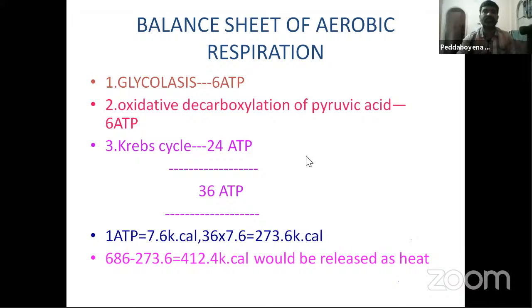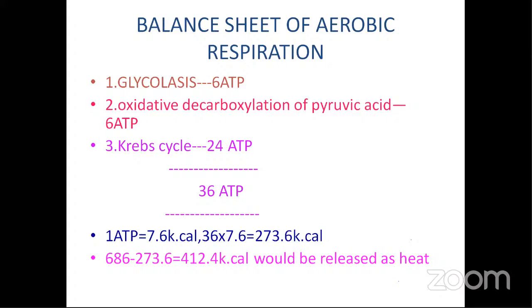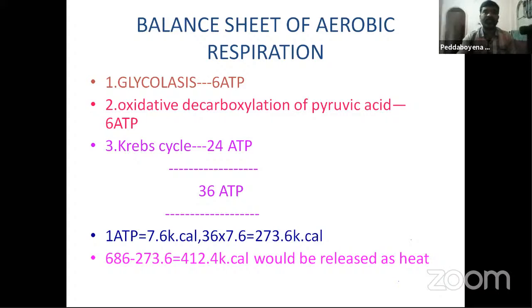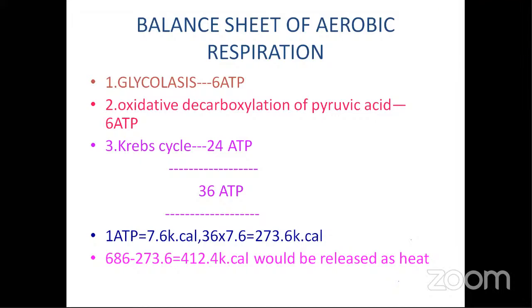We can get 686 kilocalories of energy in aerobic respiration; that is the energy released. Now we get 273.6 kilocalories, so subtracting gives 412.4 kilocalories. This kilocalorie energy would be released.